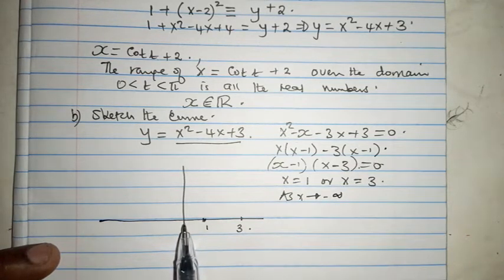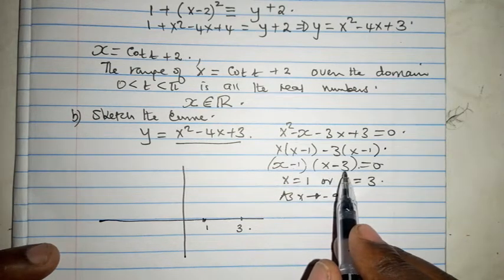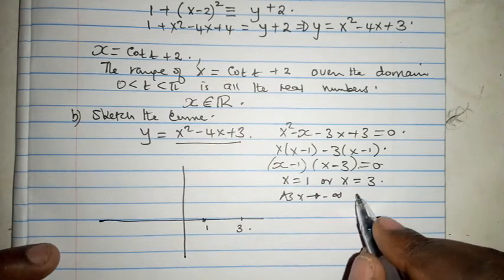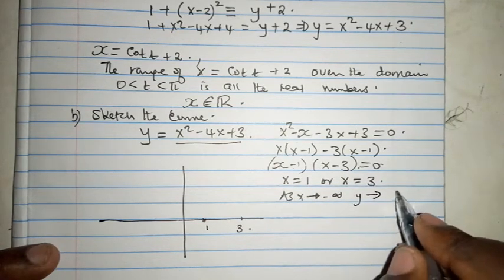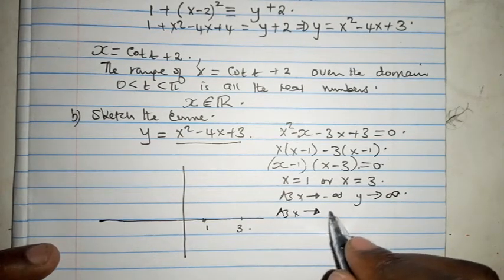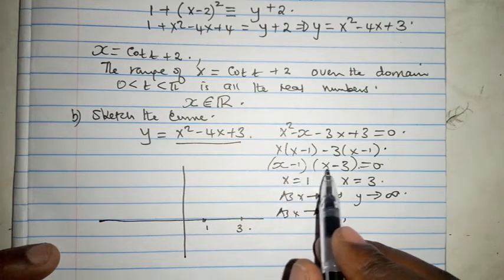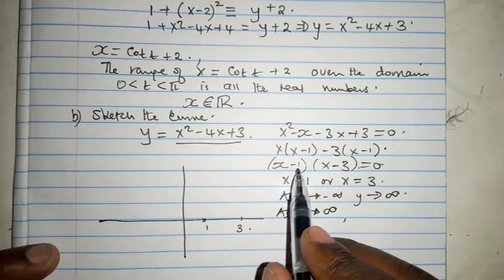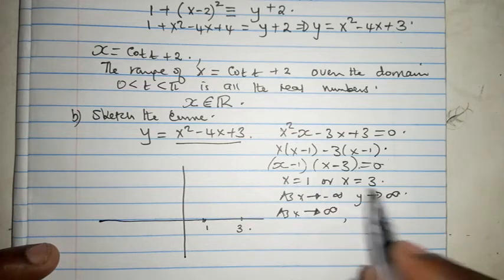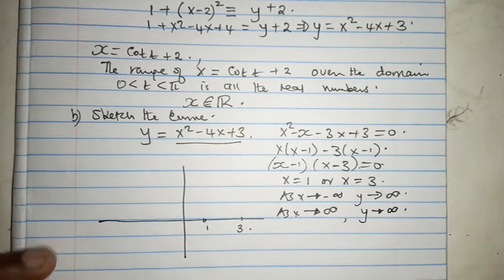Let's take 0: 0 minus 1 is minus 1, and 0 minus 3 is minus 3, so minus 1 times minus 3 is positive. For x approaching positive infinity, say 4: 4 minus 1 is 3, and 4 minus 3 is 1, so 3 times 1 is positive.